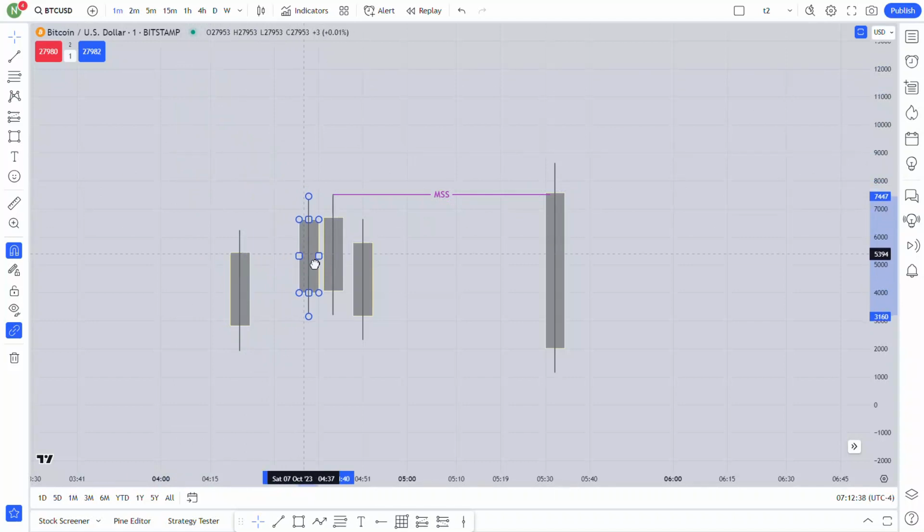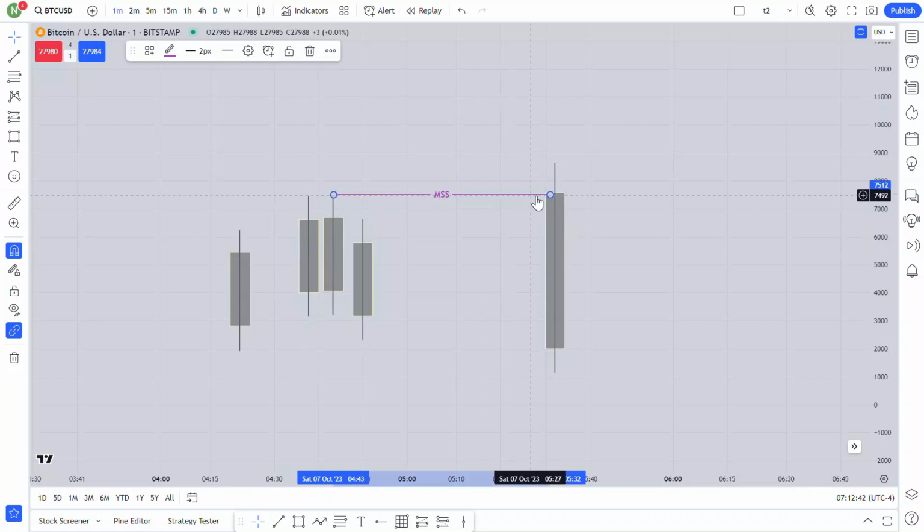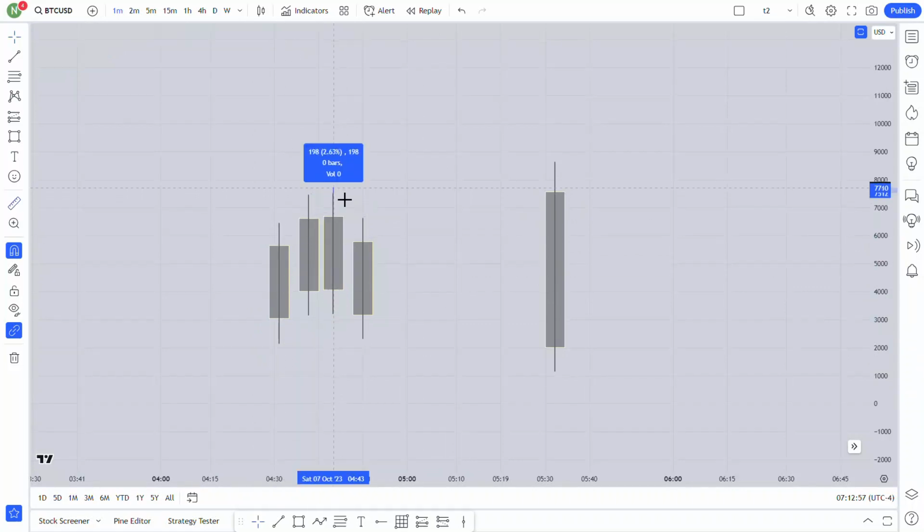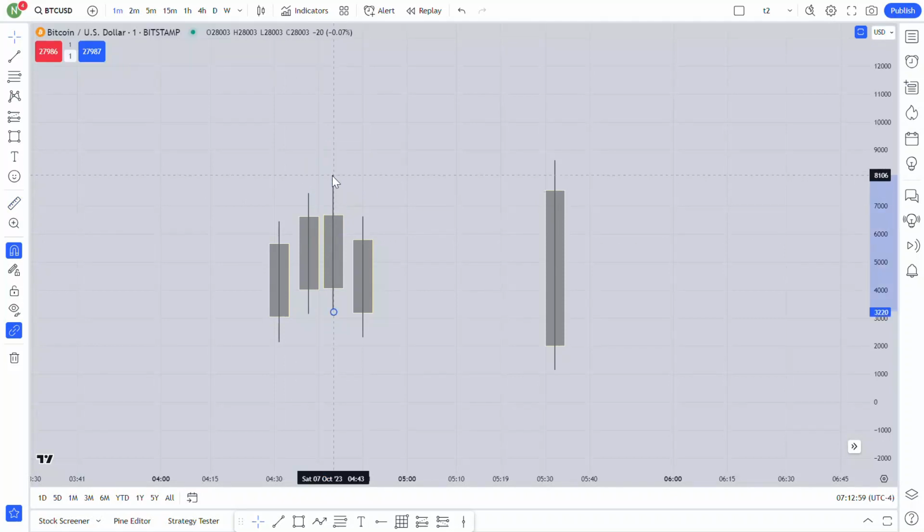I will move this one as well. This is the equal high. So you see these equal highs, equal means equal, not even a little smaller, it should be equal.